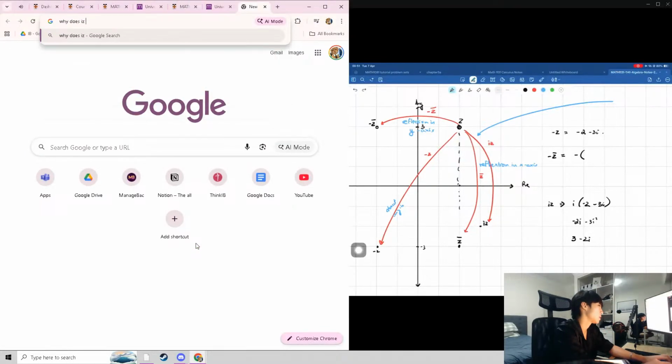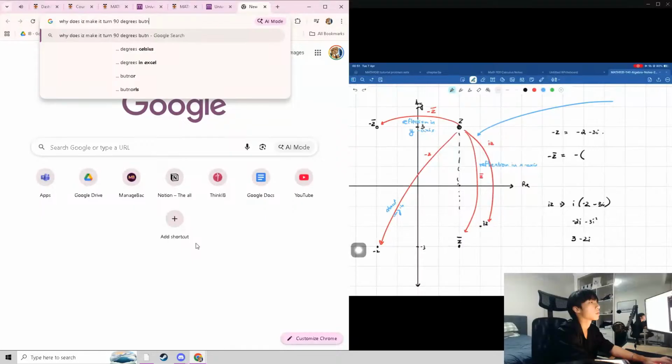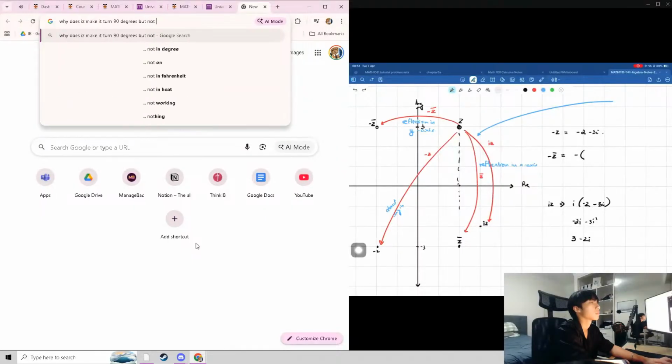Why does iz make it turn 90 degrees, but not minus 90?